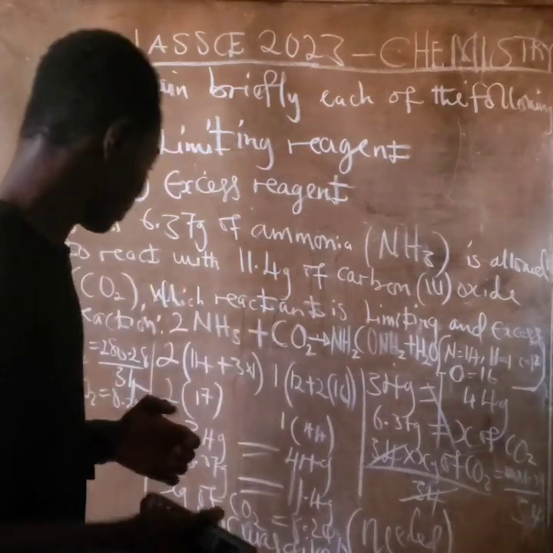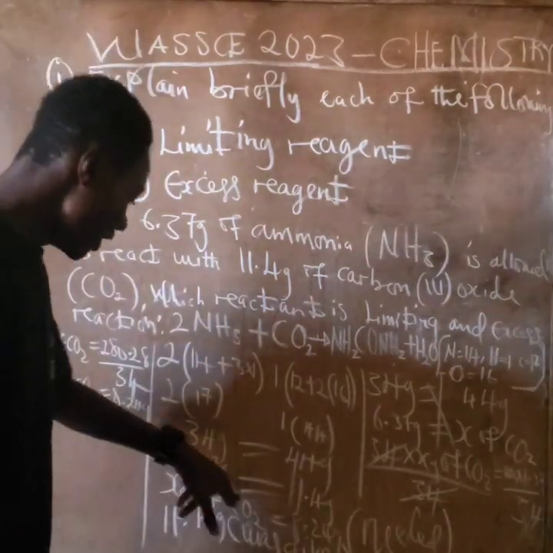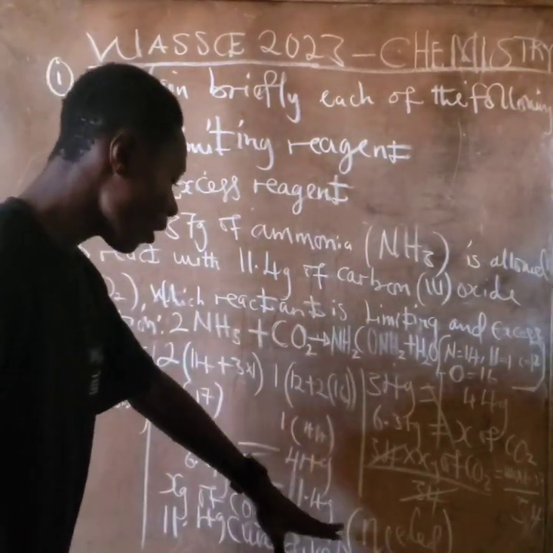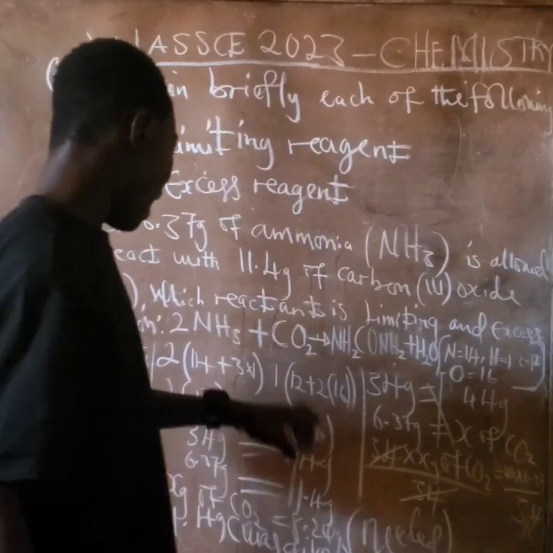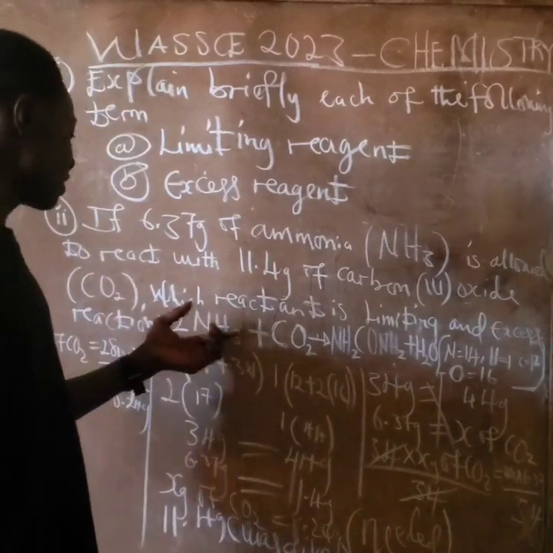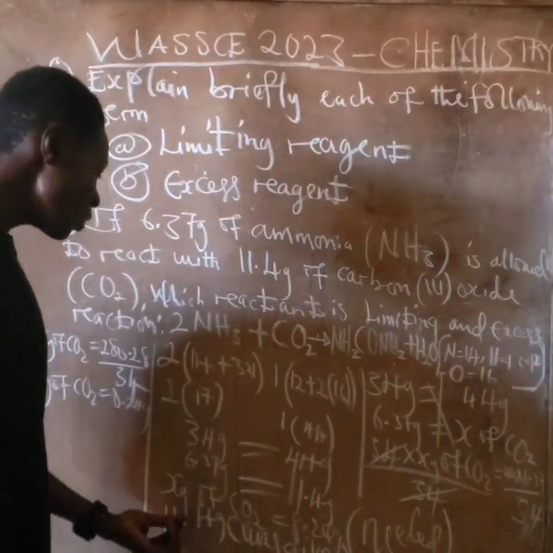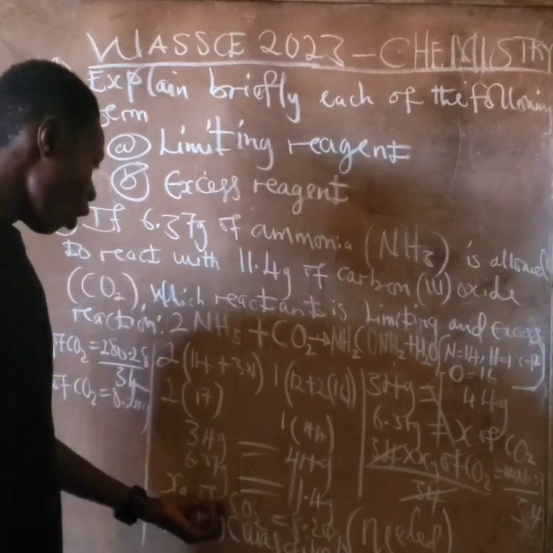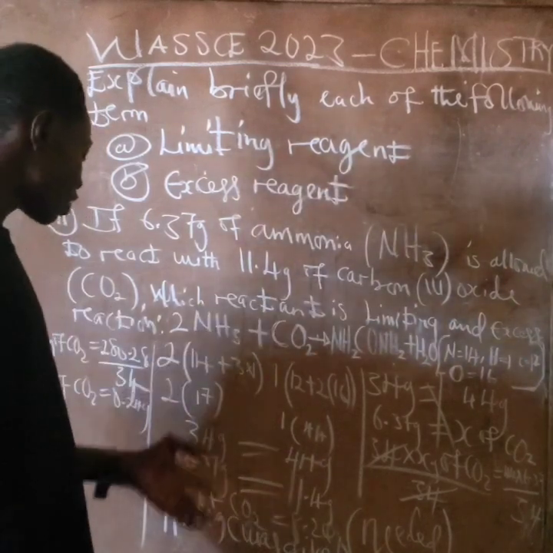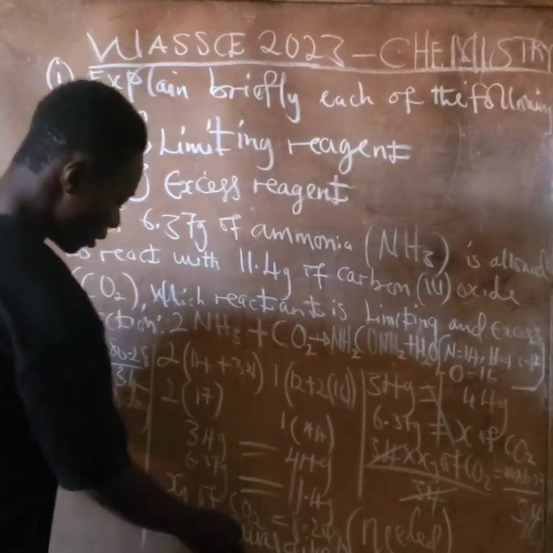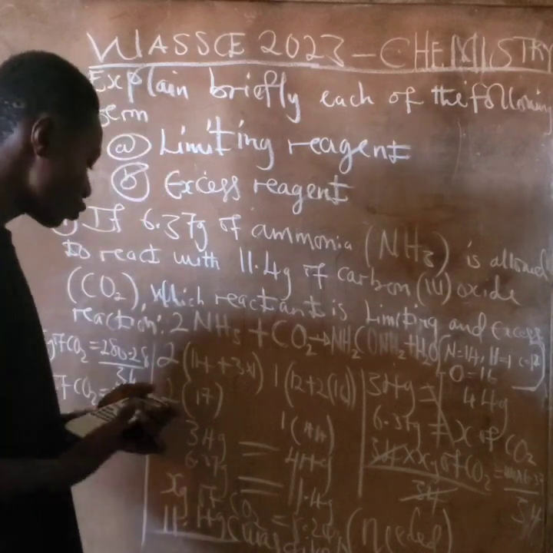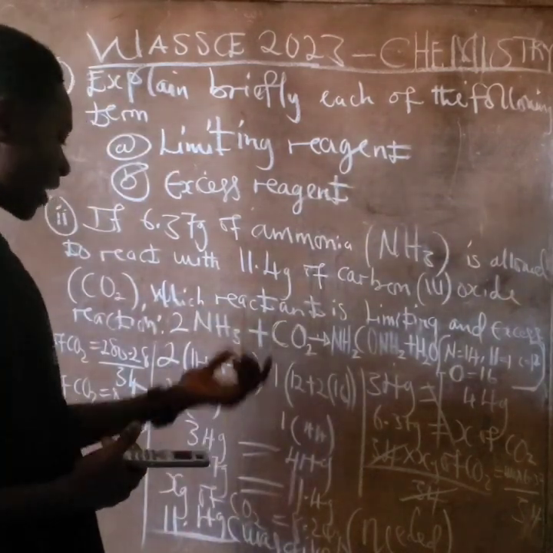Let's listen again. Now, you need 8.24 gram of carbon 4 oxide to react with ammonia, but they gave you 11.4 gram of carbon 4 oxide to react with ammonia. Therefore, the mass that was given to you is more than the mass that you need.